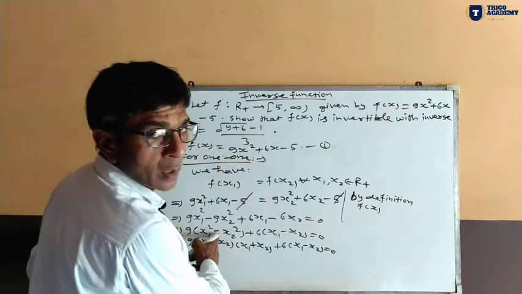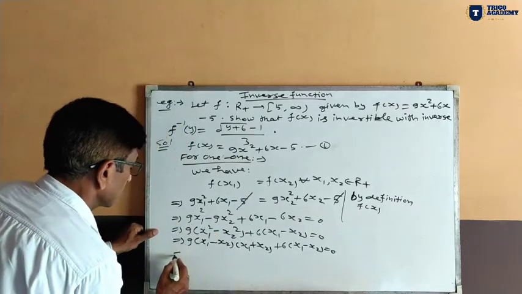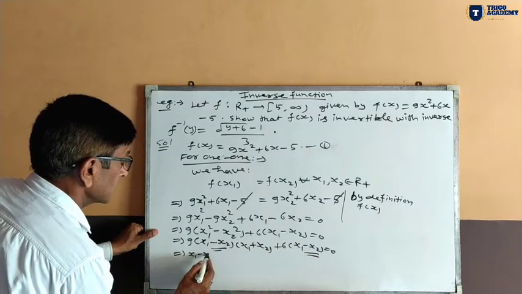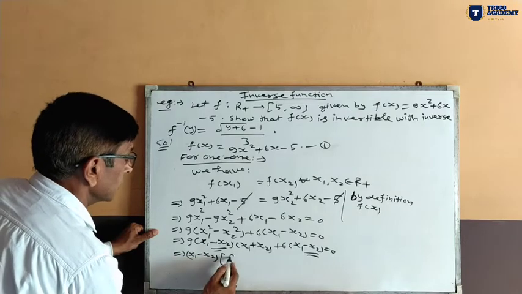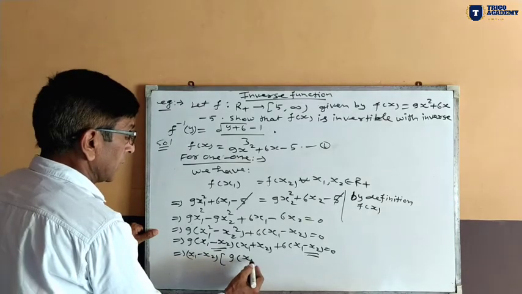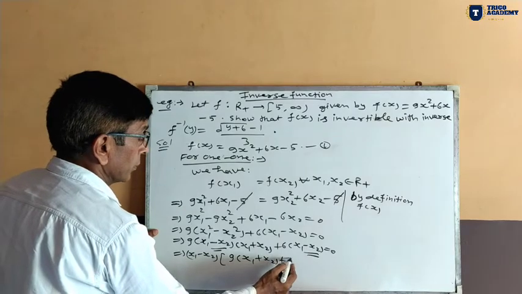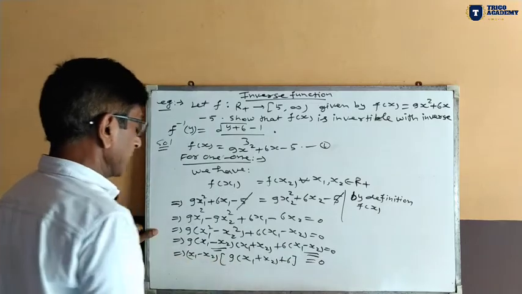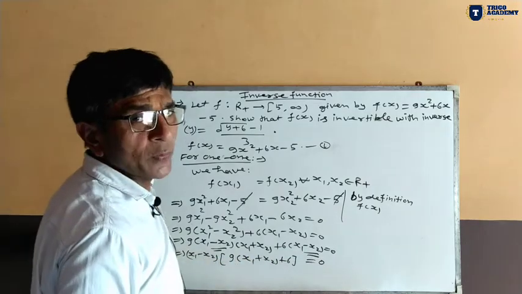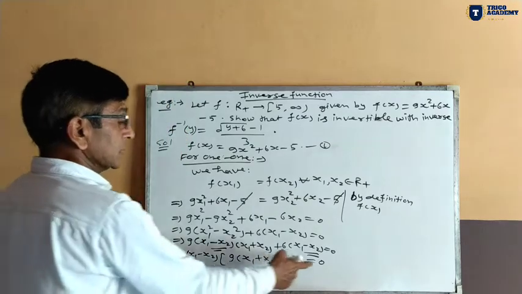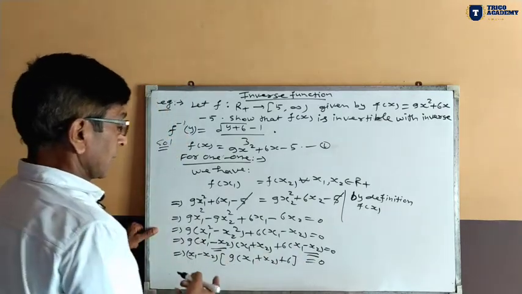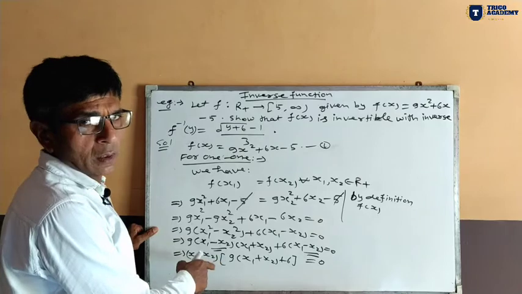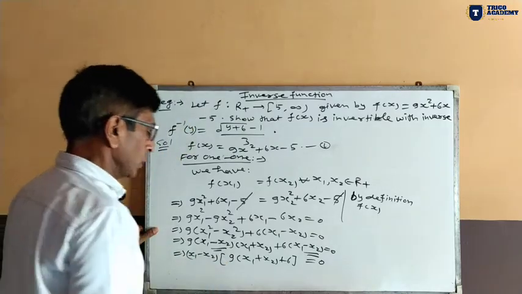Now we take x1 minus x2 as common. The left terms are 9(x1 plus x2) plus 6 equals 0. This way, there are two factors and the product of these two factors equals 0. It means it is possible only when any one factor out of these equals 0.